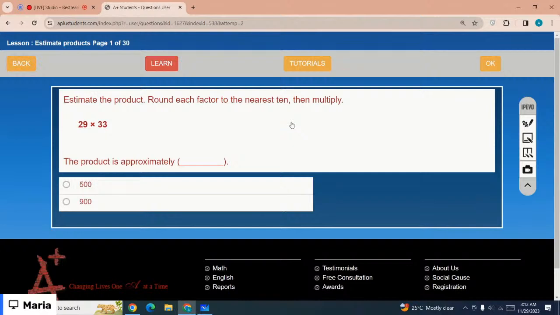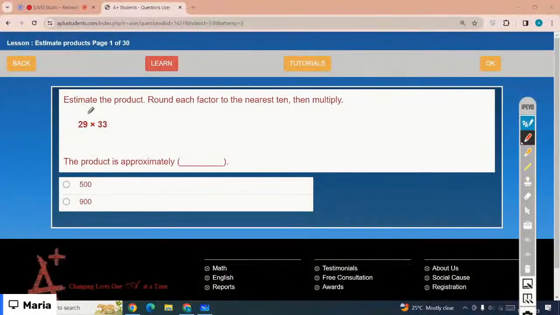Okay, the first one is estimate the product. Round each number to the nearest 10 and then multiply. The first one is 29 times 33. So 29 is rounded to which 10? 29 is rounded to 30, because it is just one away from 30.